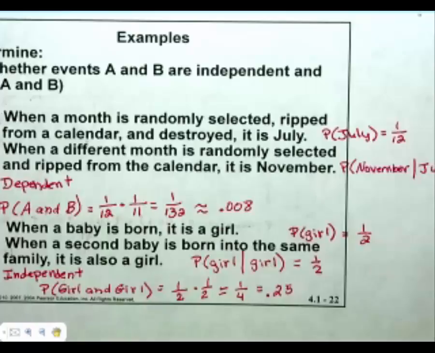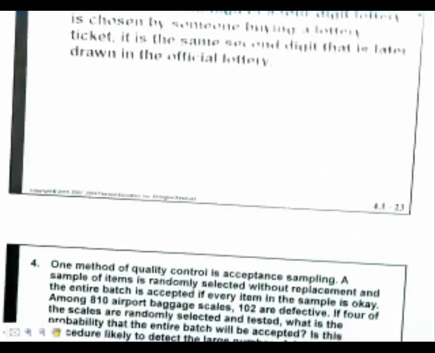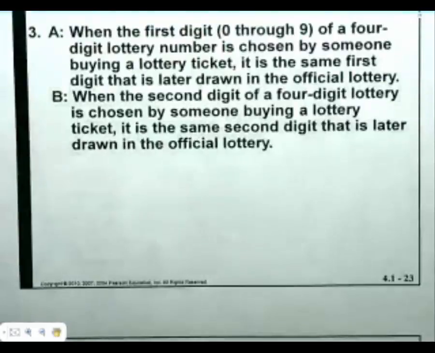All right. Finish that. What about the lottery? The lottery, I'm gonna be the lovely lottery lady, and I'm gonna draw ping pong balls out of, this is a 4-digit lottery, so I've got 4 buckets, 4 rotating bins, and I'm gonna draw a number out of each one.